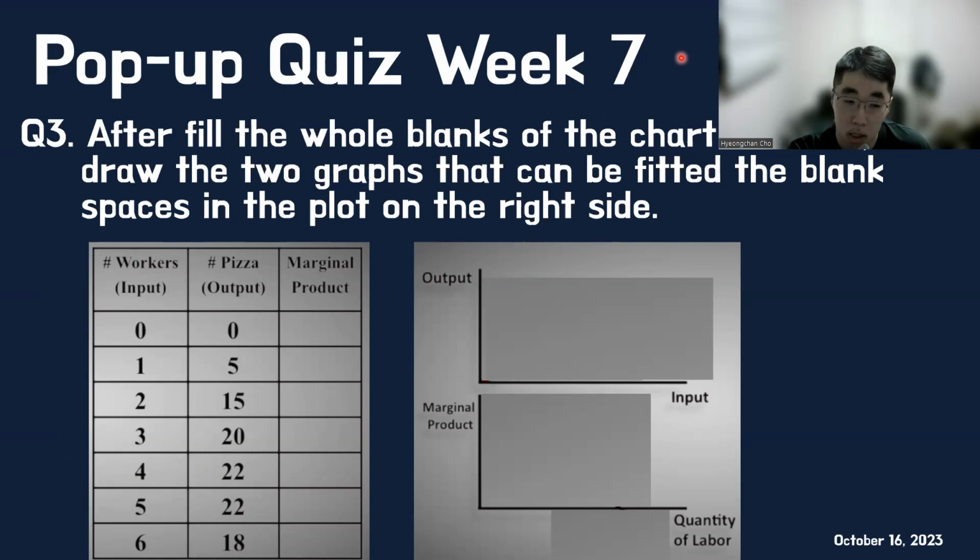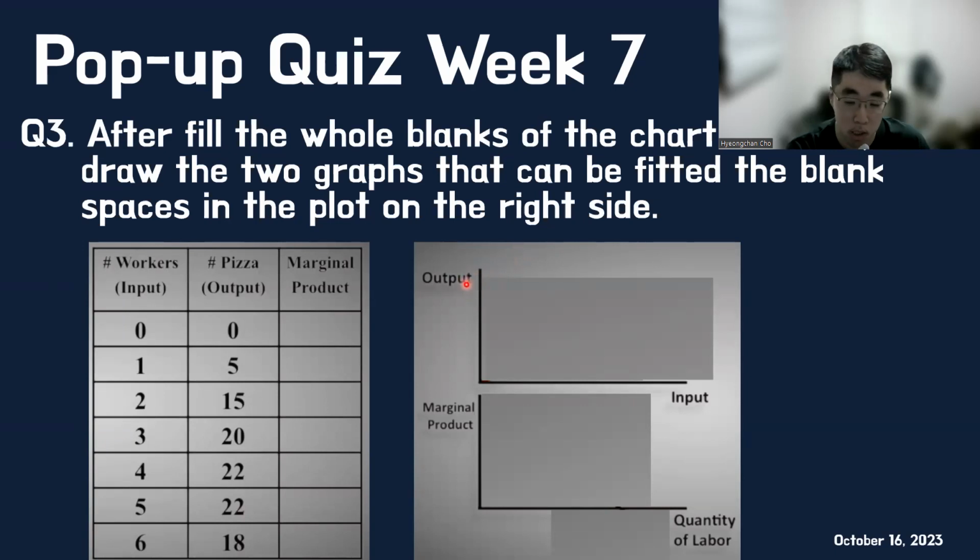You can easily fill the blanks from question number 2, that is the chart of this one. After filling these blanks, draw the graph that fits this plot. This plot is empty, and you should draw the graph that fits in this plot.